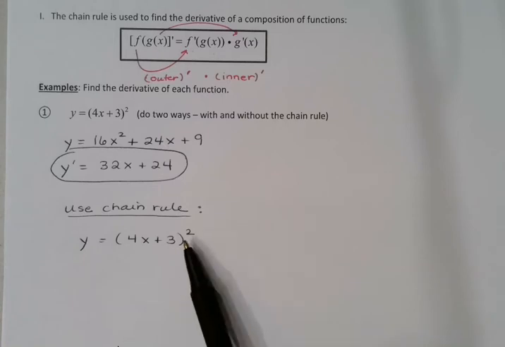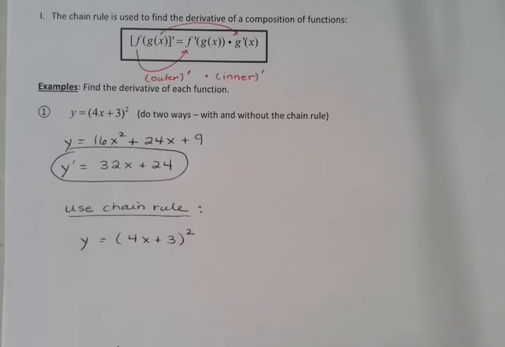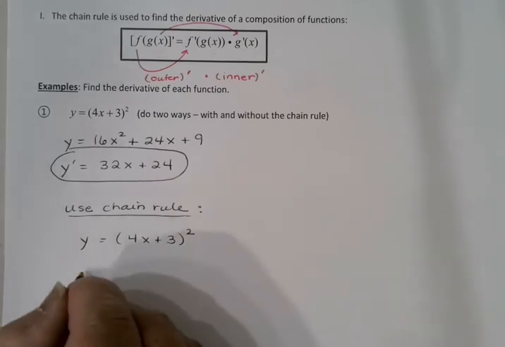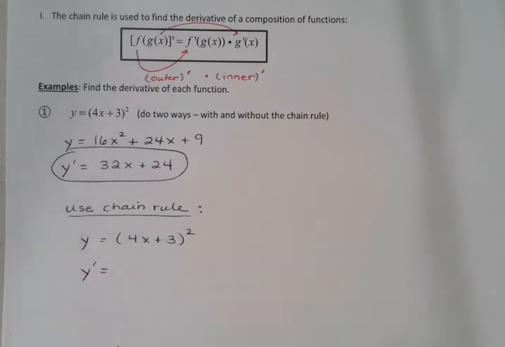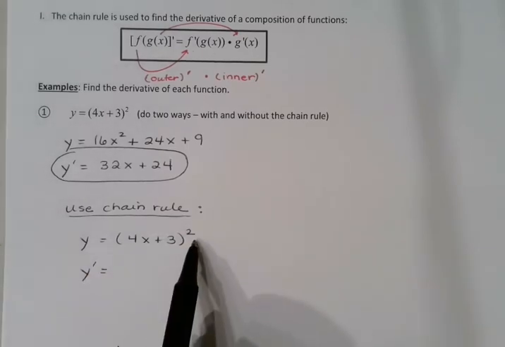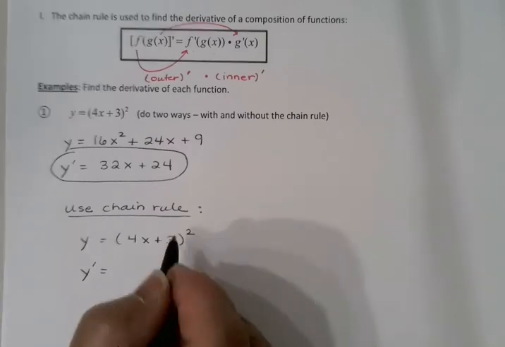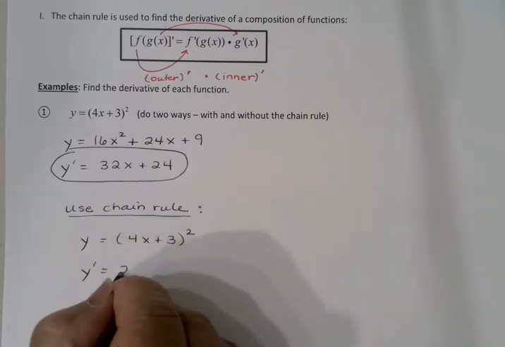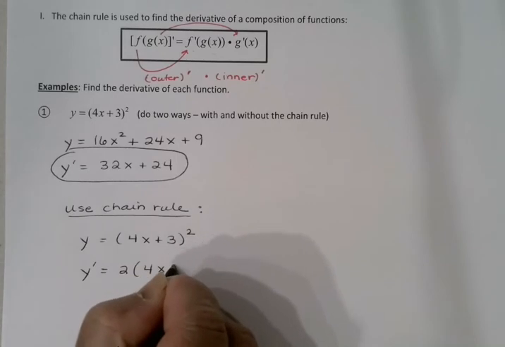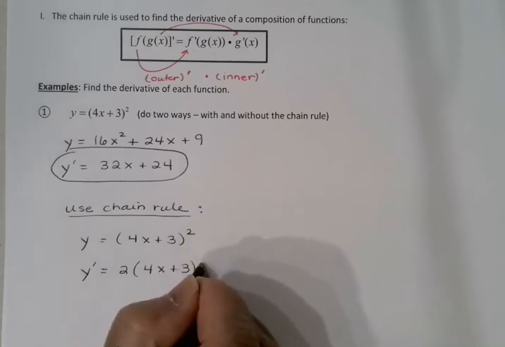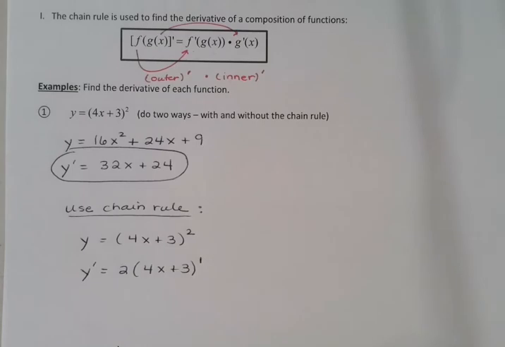The outer function of this composition is the squaring function. The inner function is just the 4x plus 3. So to do y prime, I'm going to start by taking the derivative of the squaring function. That's just going to be a power rule, right? I'll bring the 2 down in front of all of this and decrease that exponent to 1.